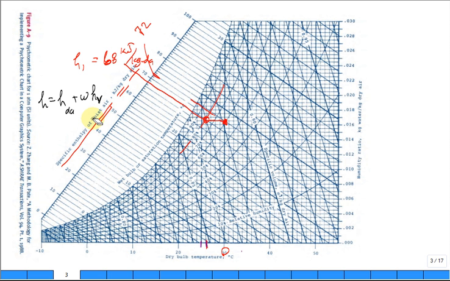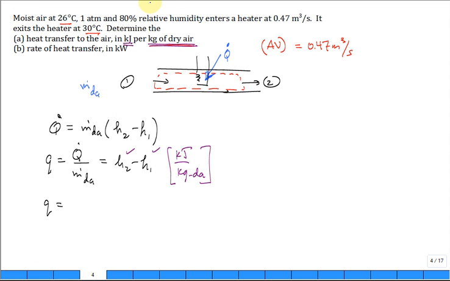It's like, no, it's included. See this term right here? That's associated with the vapor content, the moisture content. So that's very confusing. So what did I say? It was 72 minus 68, around 4 kilojoules per kilogram of dry air.